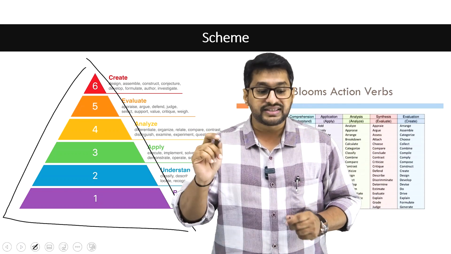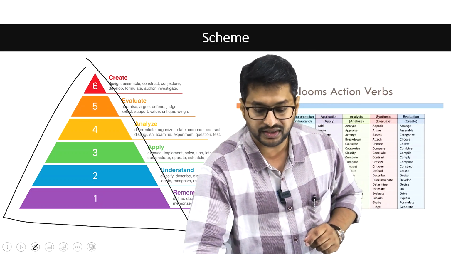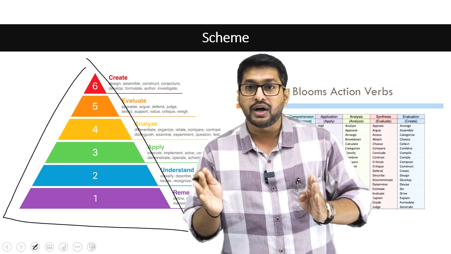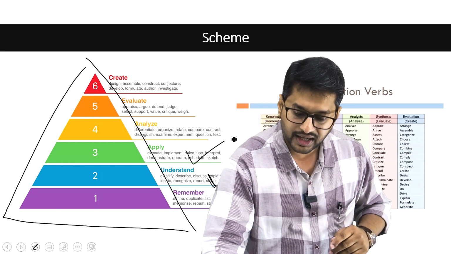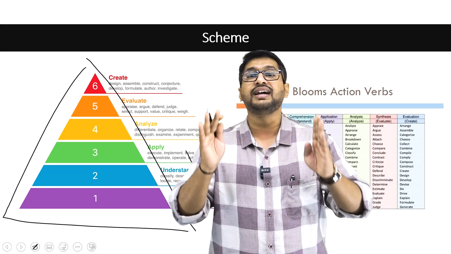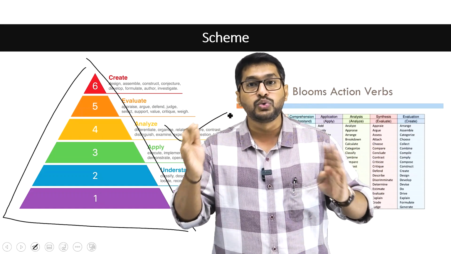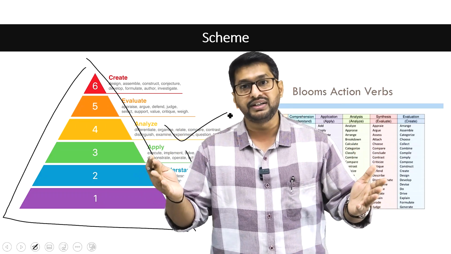Or if I want to test the understanding of a particular component, then I go on to L2. If I am looking into the apply component, that is the application component, I would go on to the third level, L3. Analyze is the L4 component, wherein I would try to understand whether the student is able to differentiate between given components.